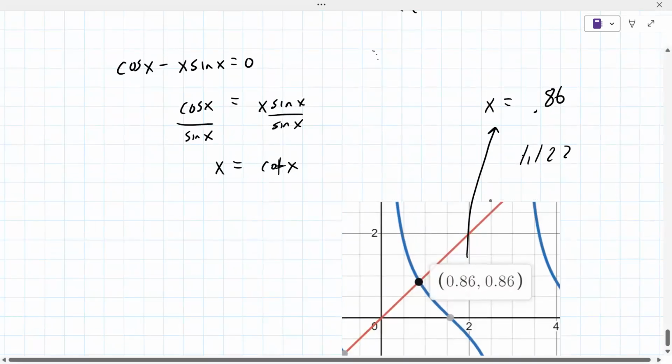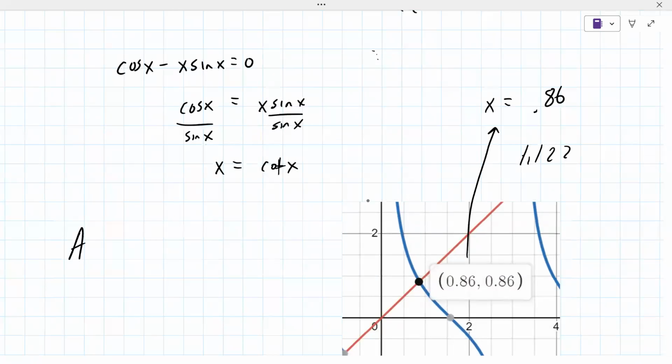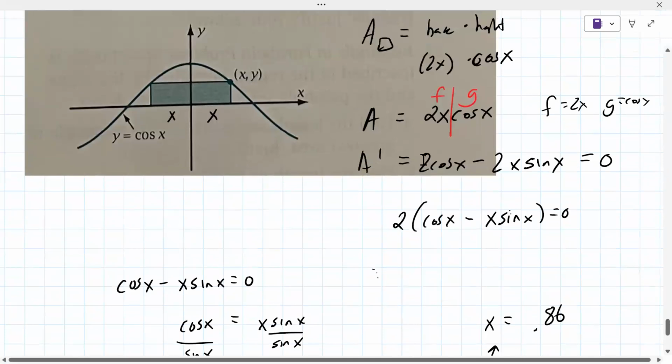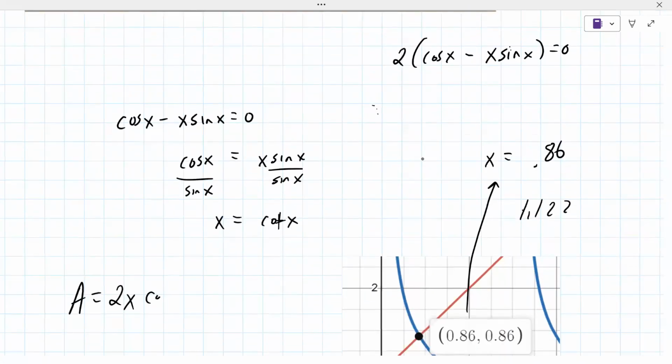And then to find the area, that goes back into 2x cosine of x. Make sure your mode, very important, is radian. You'll never use degree again in math. It's always radian from here on out.